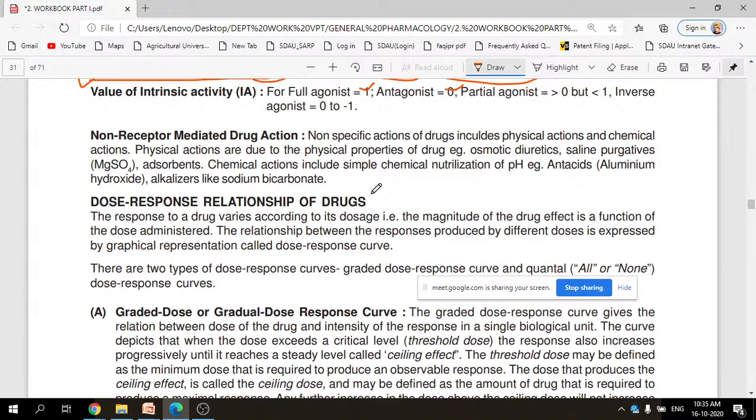Similarly, activated charcoal, liquid paraffin, sodium bicarbonate, aluminum hydroxide. There are so many drugs, osmotic diuretics, osmotic purgatives, which do not act through receptors, but by virtue of their physico-chemical property they interact with substances in the body and produce the pharmacological effect. Such drugs are classified as non-receptor mediated drug action.